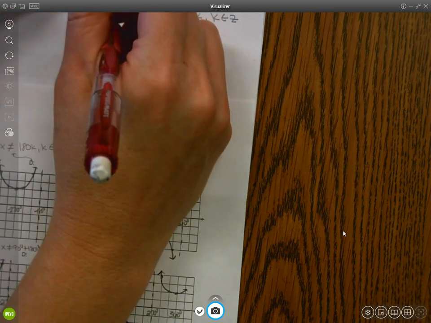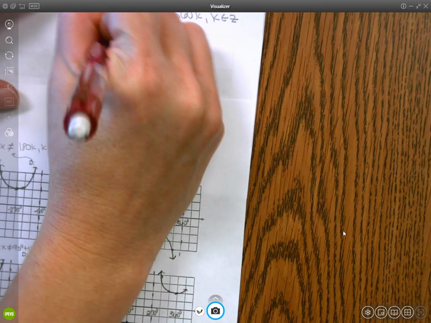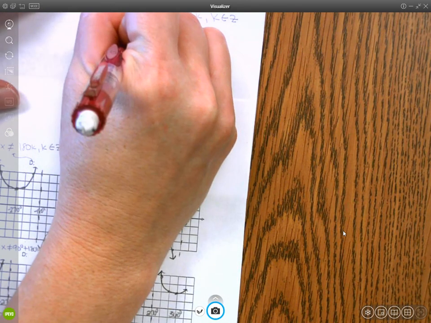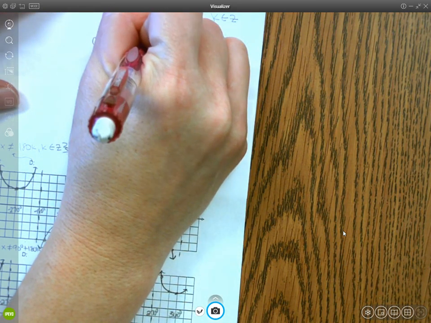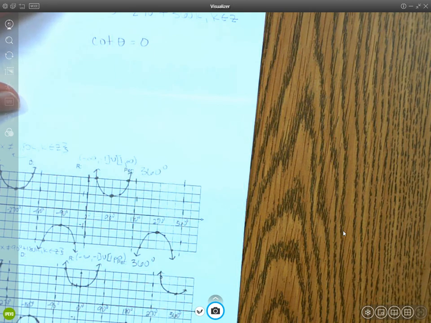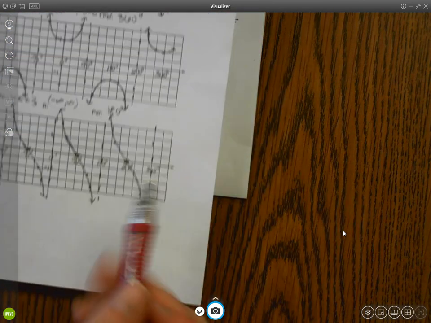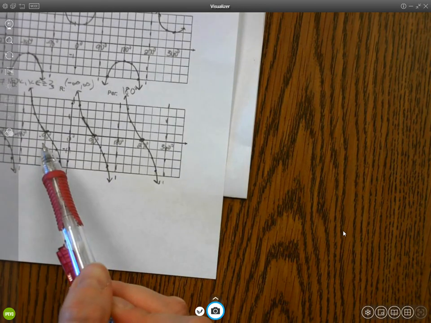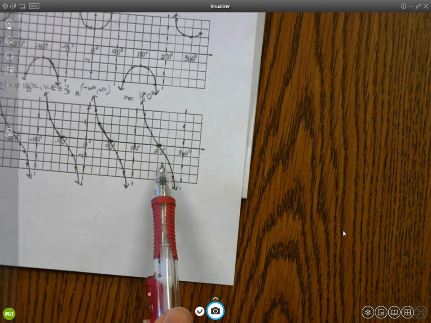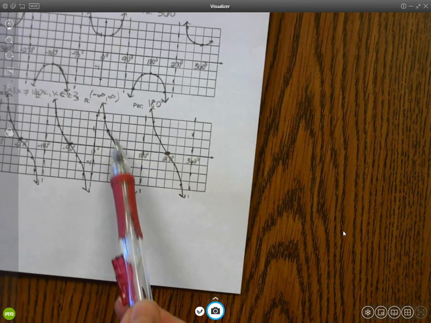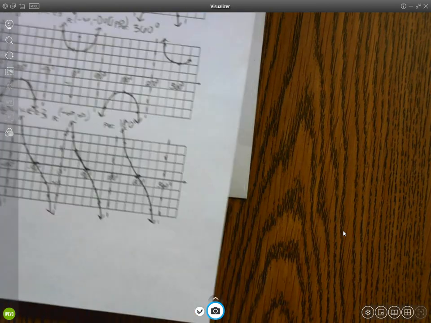All right, so one more. Let's say that I want you to tell me when cotangent theta is 0. So looking at your cotangent graph, cotangent is 0 at negative 270, negative 90, 90, 270. So you see that those are all happening 180 degrees apart.